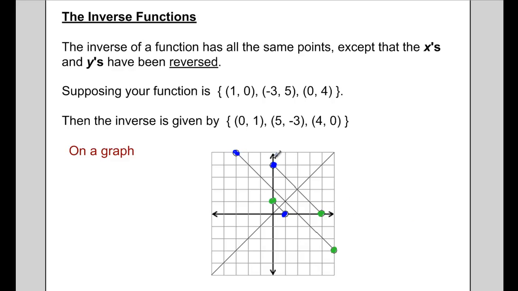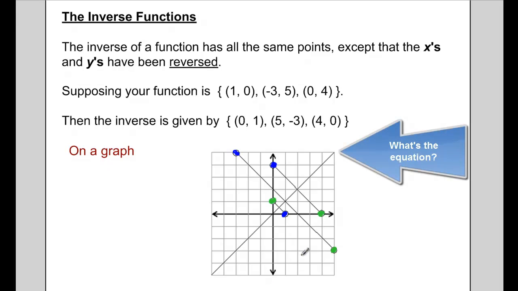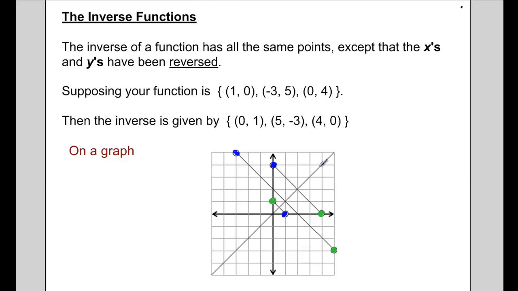Looking at these points and where their inverse was, it's almost as if they were reflected over this diagonal line right here. Now, this diagonal line has an equation that we know. Do you know what the equation of this diagonal line would be? Well, everywhere on this line, notice the y value is the same as the x value.